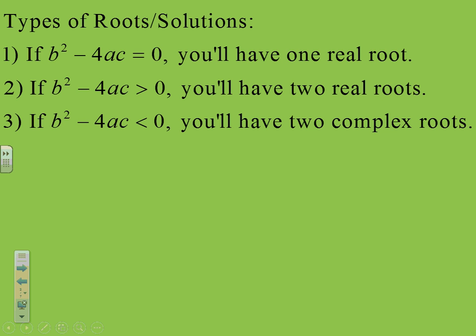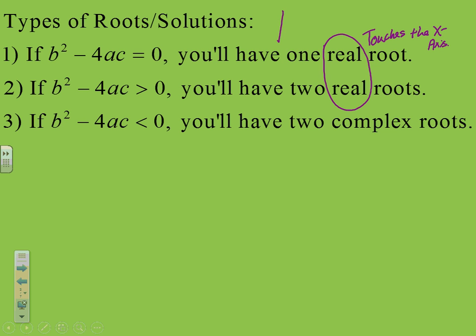If the discriminant is greater than 0, we will have two real roots, meaning that it touches the x-axis. So here when we're talking about real roots, it means it actually touches the x-axis.